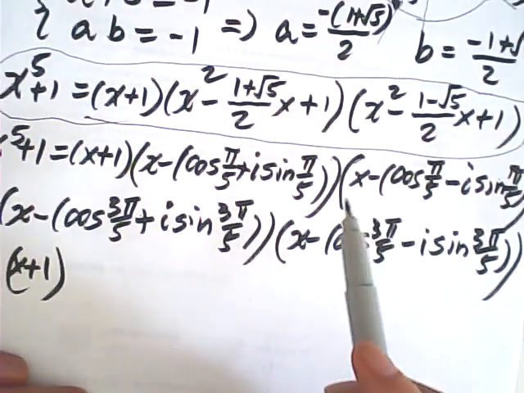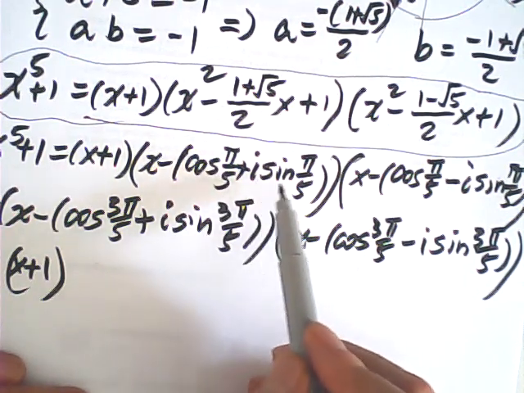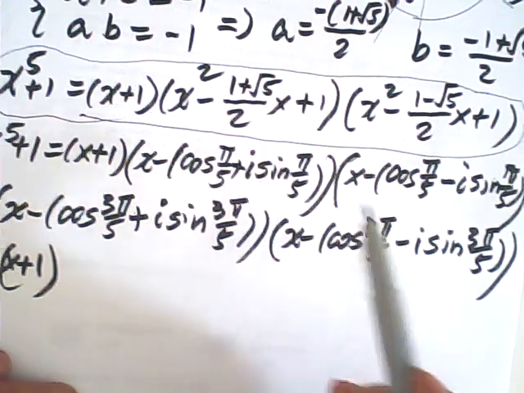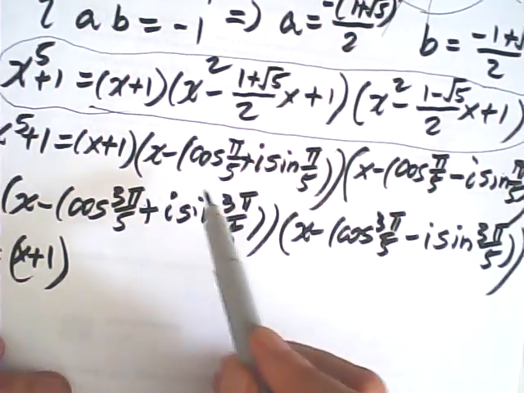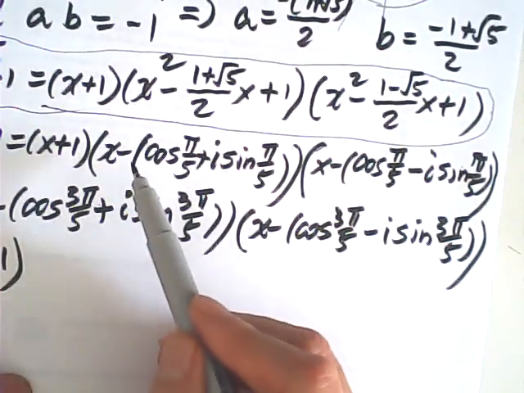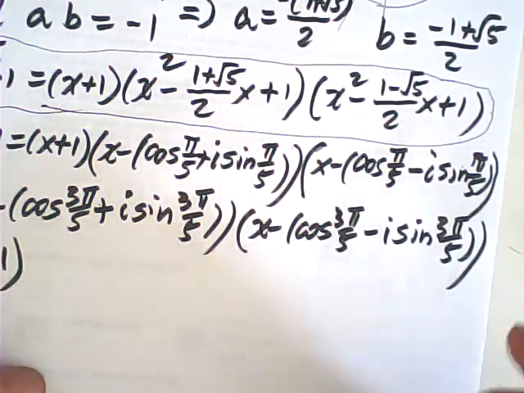Now then, these two: x minus cosine pi over 5 minus i sine pi over 5, multiplied by x minus cosine plus that one. So we are using the formula a minus b times a plus b is a squared minus b squared.